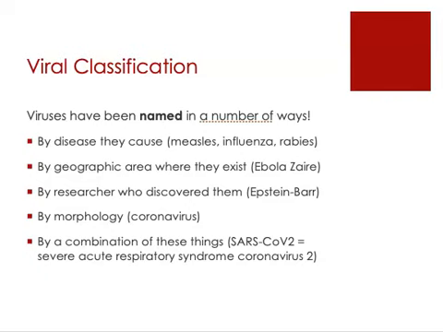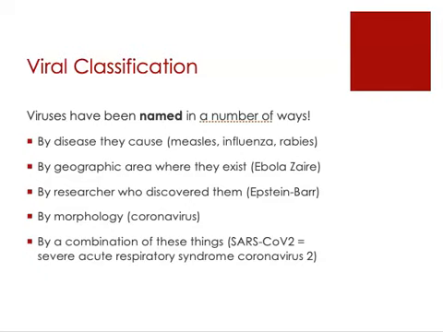For example, there are different types of Ebola virus, and each one is named by the region in Africa where it was first observed. For example, Ebola Zaire. Some viruses got named according to the scientist who discovered them. The Epstein-Barr virus is an example of that.